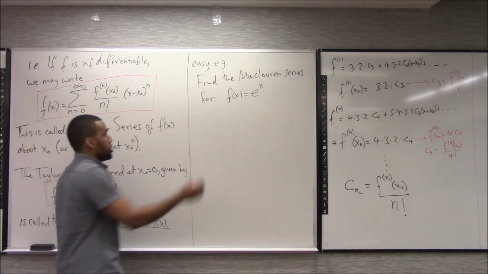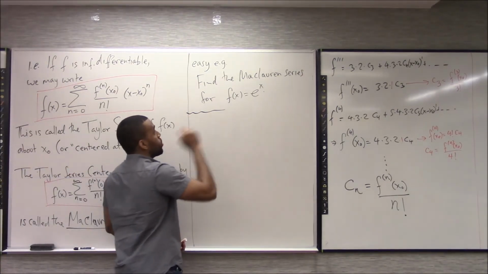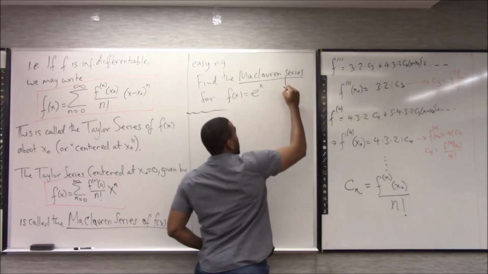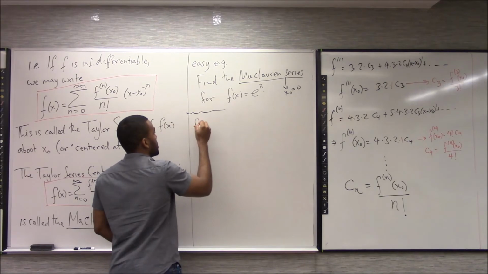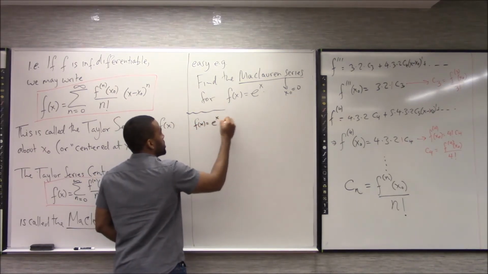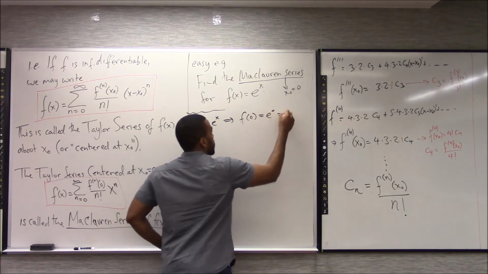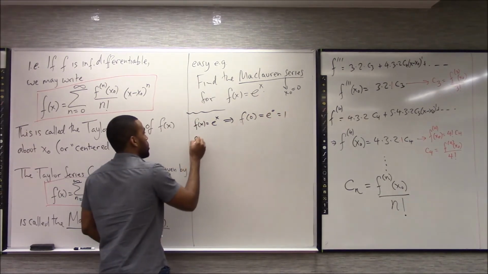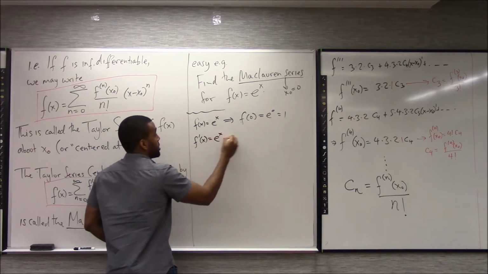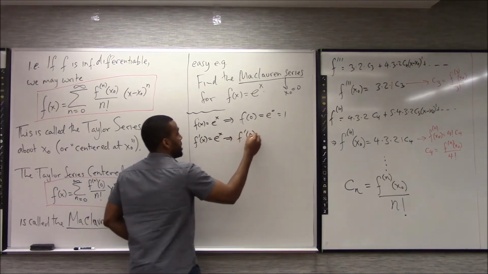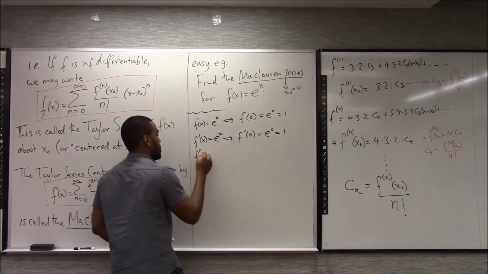So here's what you would do. You're just going to try to figure out a pattern. So we know we want the Maclaurin series. This means that x naught is 0. So f of x equals e to the x. This means that f evaluated at 0 is e to the 0, which is 1. Now we take the derivative. That's e to the x. If I evaluate the derivative at 0, it's 1. Take the second derivative.